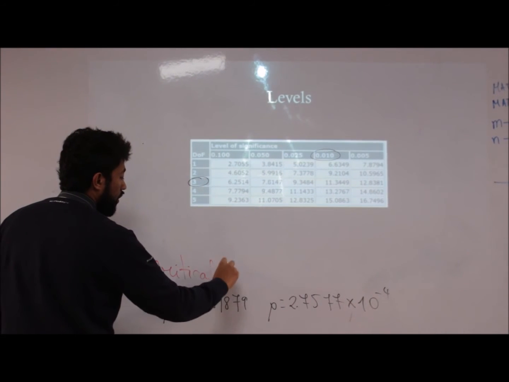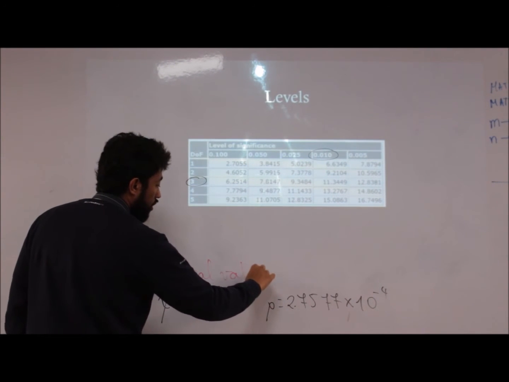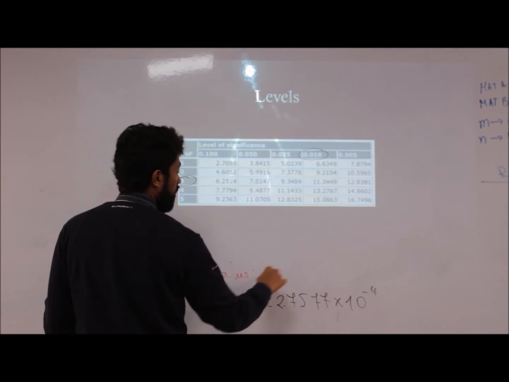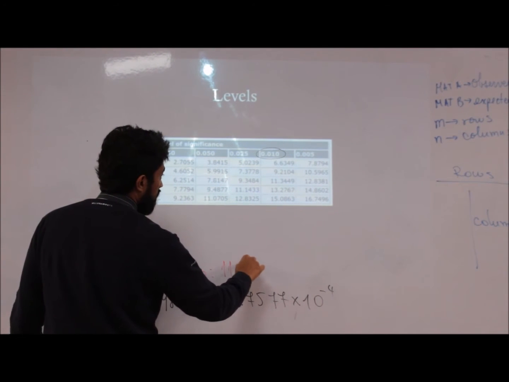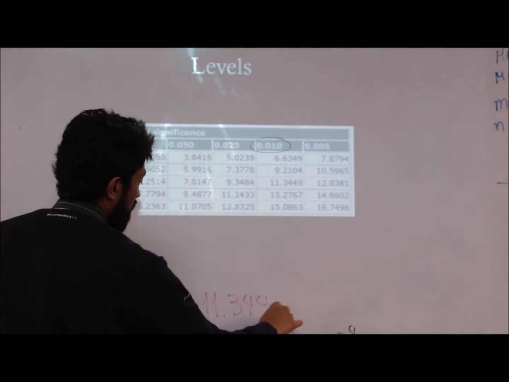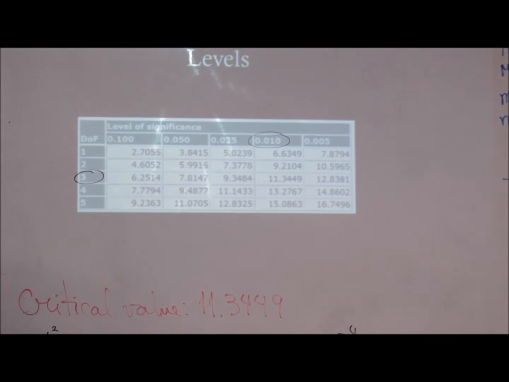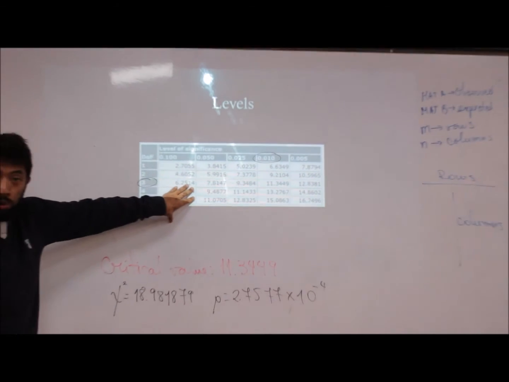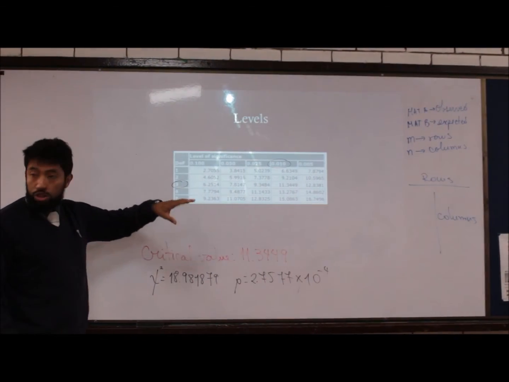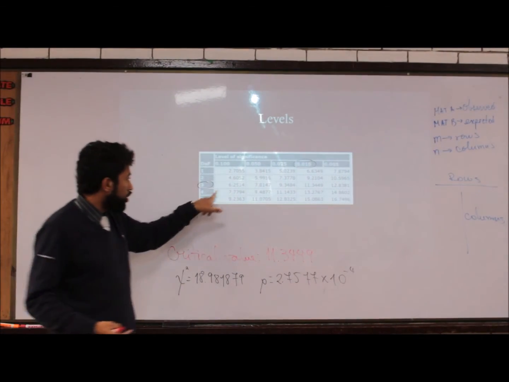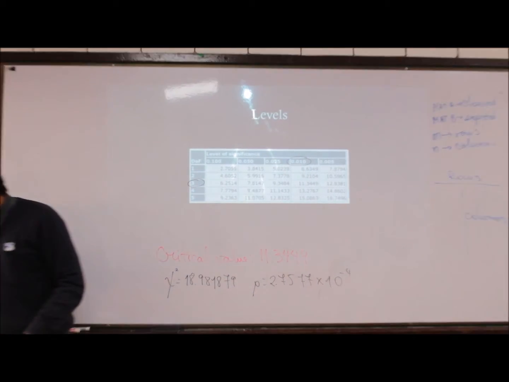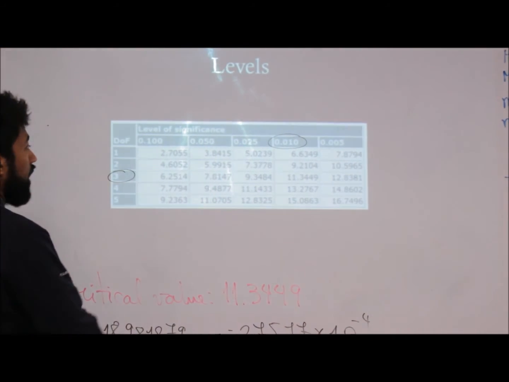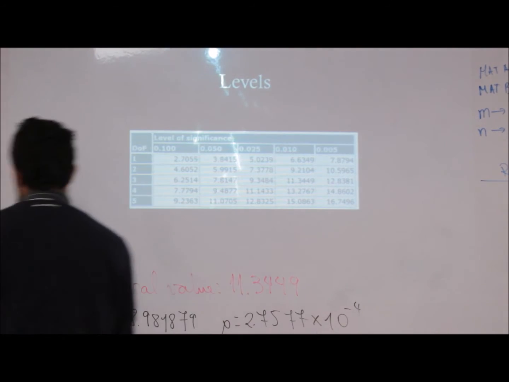So, critical value, remember what I told you, there's a table. Even if it is not given in examination, there's a table in which you can find degrees of freedom and significance level to determine critical values.